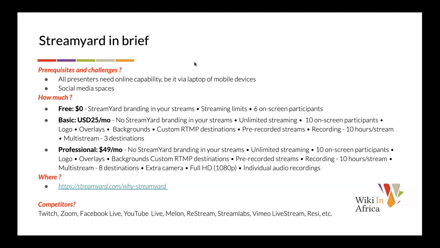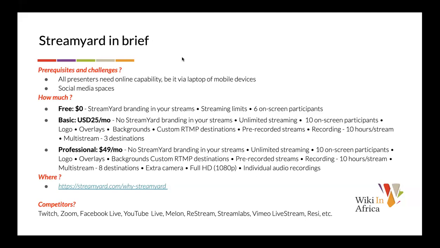And then there is a professional plan for $49 per month. The juicy part about this professional plan is you can attach an external camera. So when we had that, we thought we were going to have a dedicated camera to us in Rwanda, but that didn't happen.